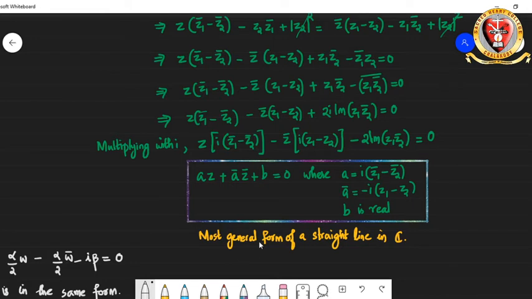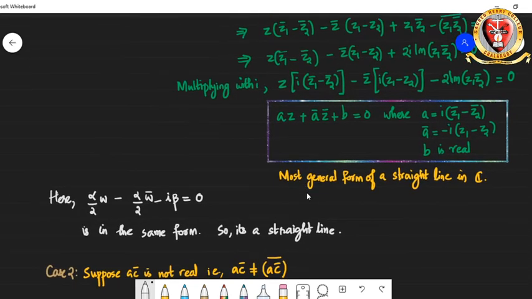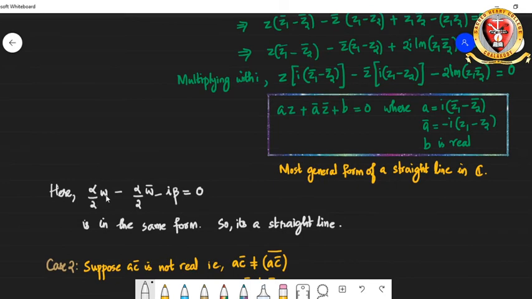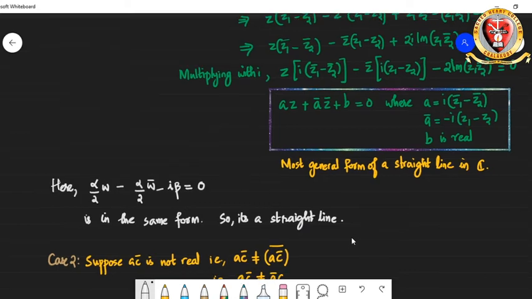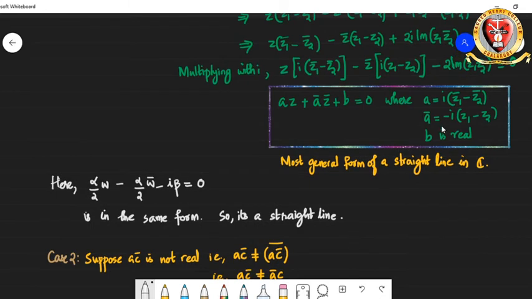So what we had while we were working out our proof is alpha by 2 w minus alpha by 2 w bar minus i beta, and that is the same form of line, where you can say that beta is real or beta is a constant.